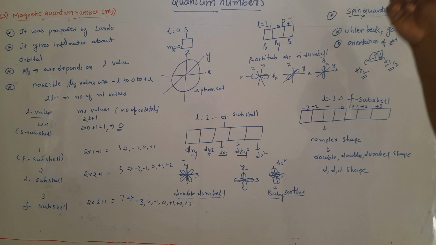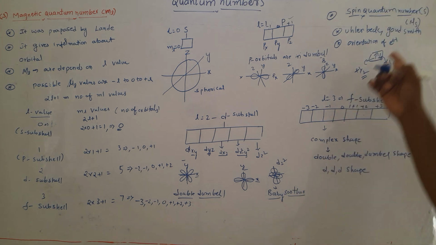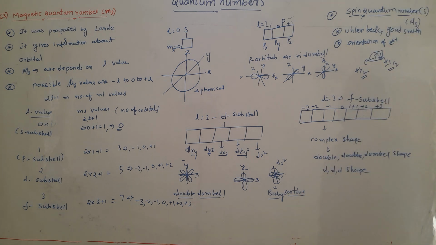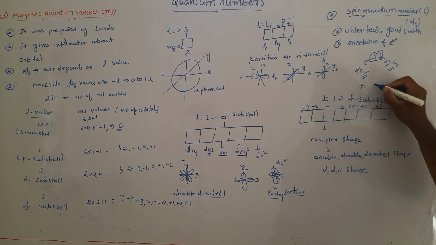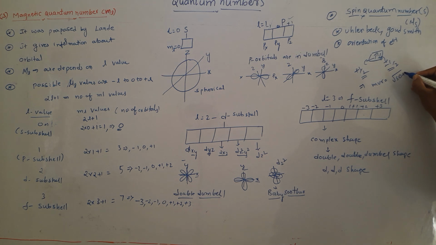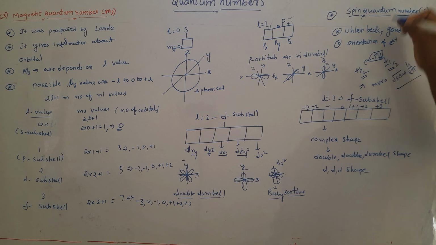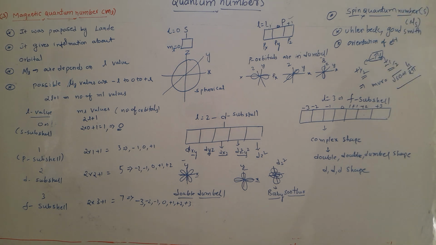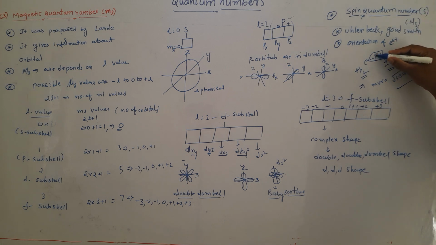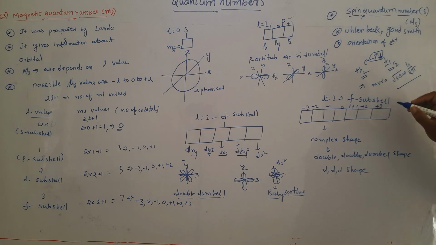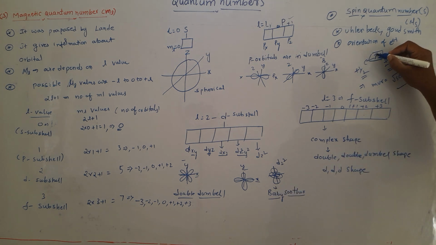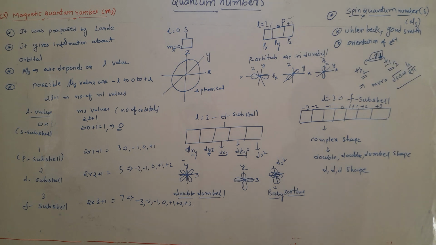Technically, if it is upward in direction, that is plus half, and if it is in downward direction, that is minus half. And the angular momentum mvr is equal to square root of s into s plus 1, h by 2 pi, for this spin quantum number. According to these orientations, only two orientations are possible. So an orbital can maximally accommodate only two electrons, one in the upward direction and another in the downward direction.